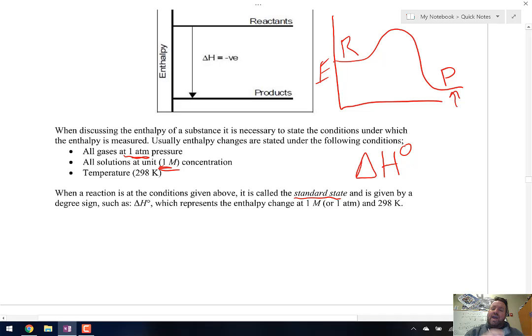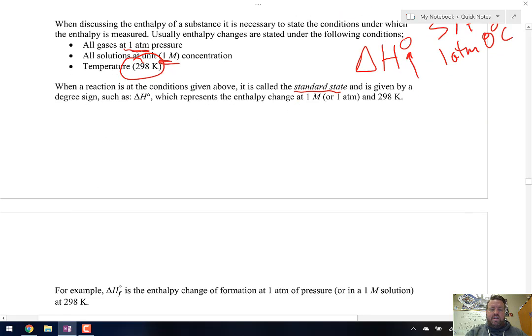And here's where it's different from STP. Remember with gases, STP is 1 atm and 0 degrees Celsius. But the standard state, with pretty much everything else the rest of this year, the temperature is room temperature, which is 25 degrees Celsius, which is 298 Kelvin.